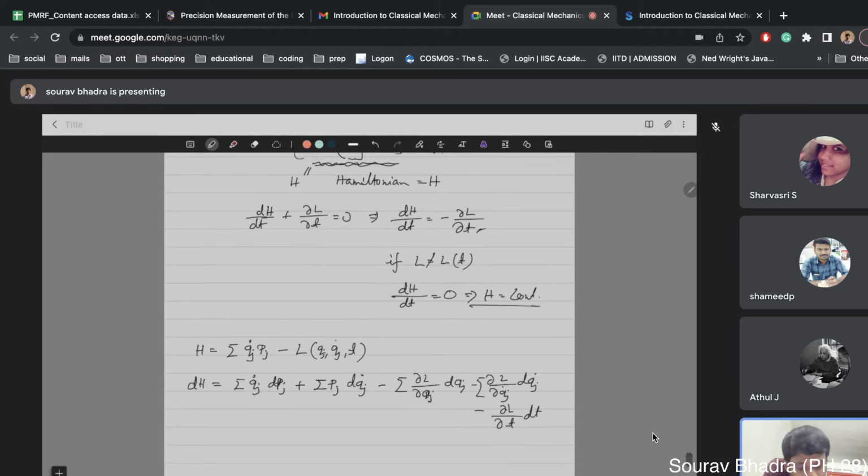Now you can see that we can write this expression like this: qj dot dpj is the first term, and another term is pj dqj dot, and this one is del L del qj dot dqj dot.